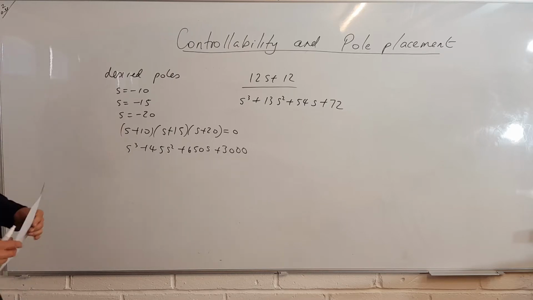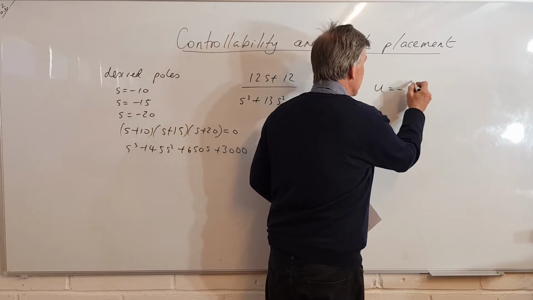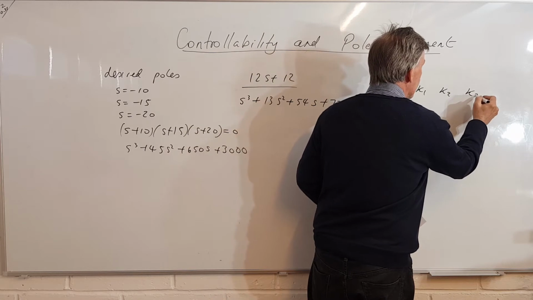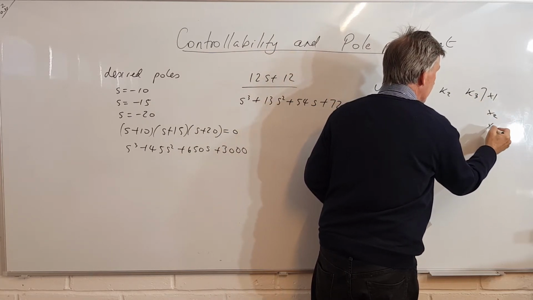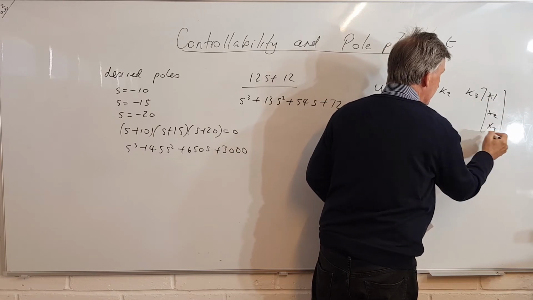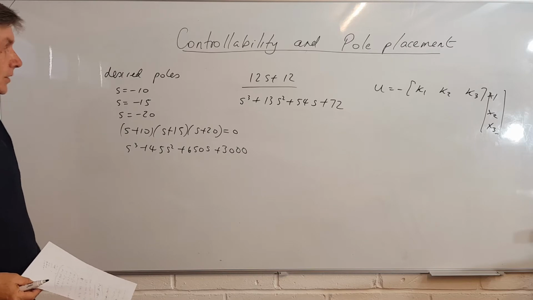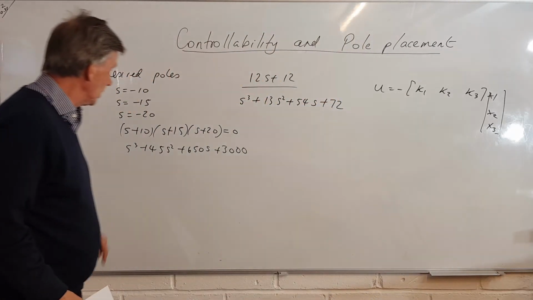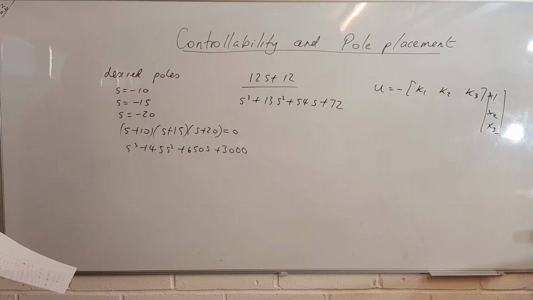Now in pole placement design, we have a full state feedback controller, U equal to minus K1, K2, K3 times X1, X2, X3. This is the desired control system now. And our job is to work out K1, K2 and K3 so as to put the closed loop poles at these locations here.